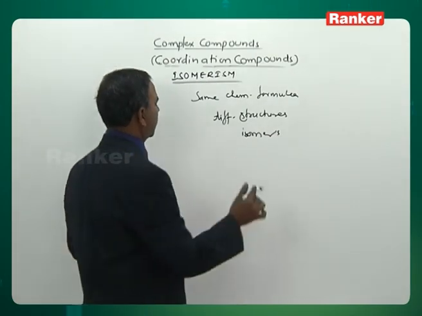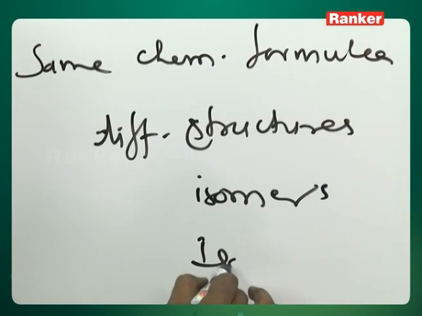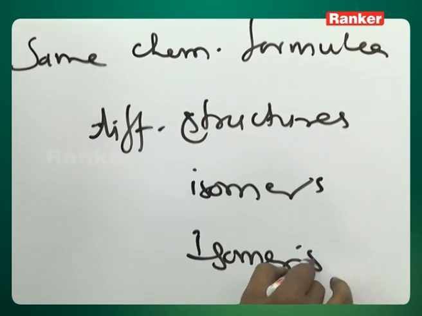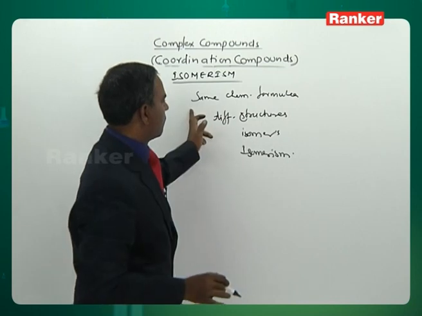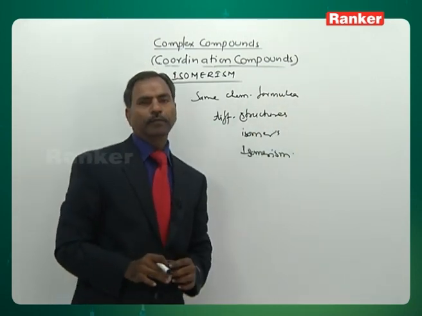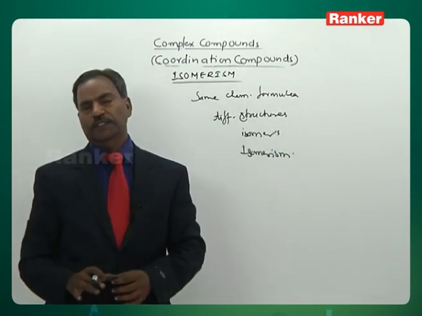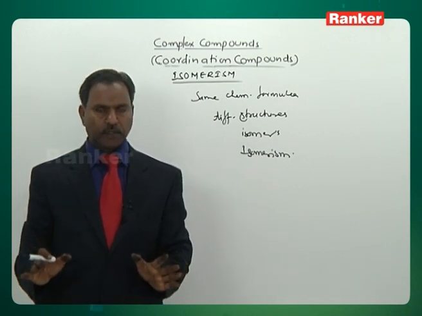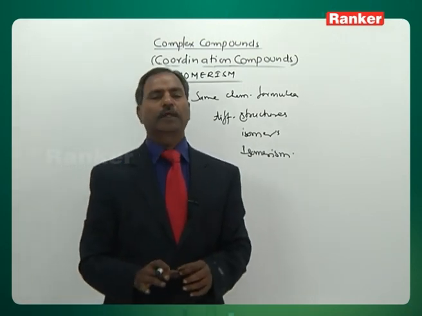The phenomenon we call it what? Isomerism. The complex compounds having the same chemical formulae but which exhibit different structures are known as isomers, and the phenomenon is known as isomerism.